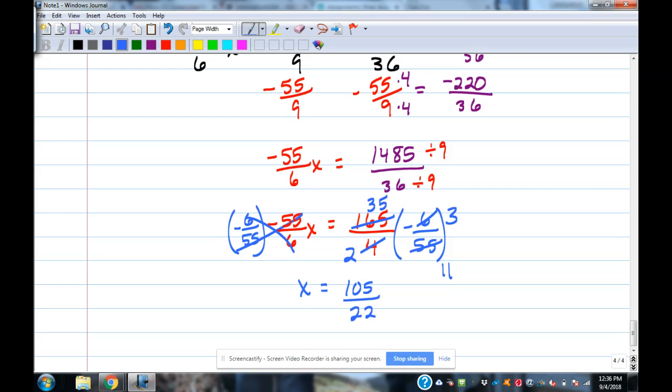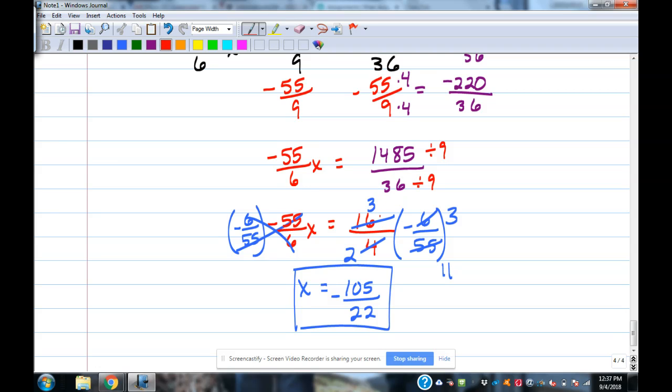Is that right? And it's negative. Check my math here. 165 divided by 5 is 33. That's not 35, that's 33.